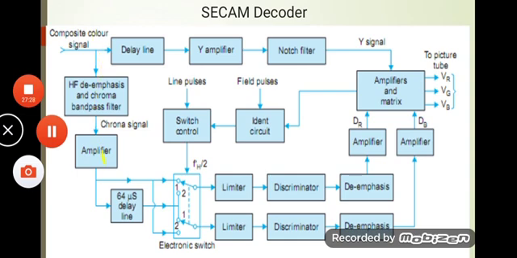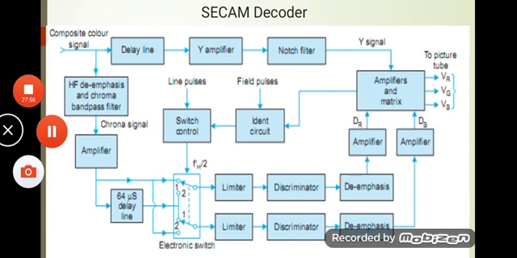For example, when DR is here, it will be stored for one line of information, that is 64 microseconds, and then the DR value reaches here. First, the DR value it will ignore. When the next 64 microseconds come, or the next line information comes, DB will be here. So DB will reach here immediately, while DR will reach here after 64 microseconds, which means one line of information.